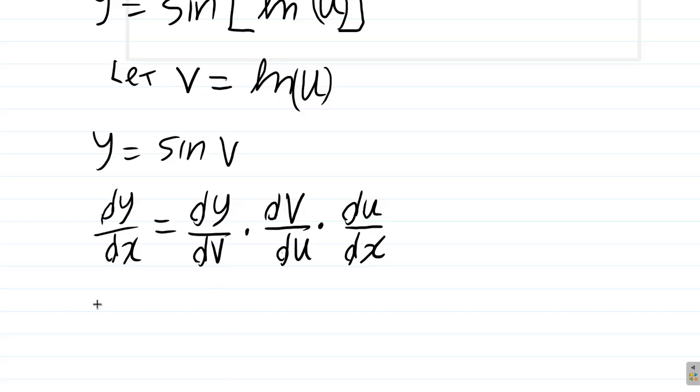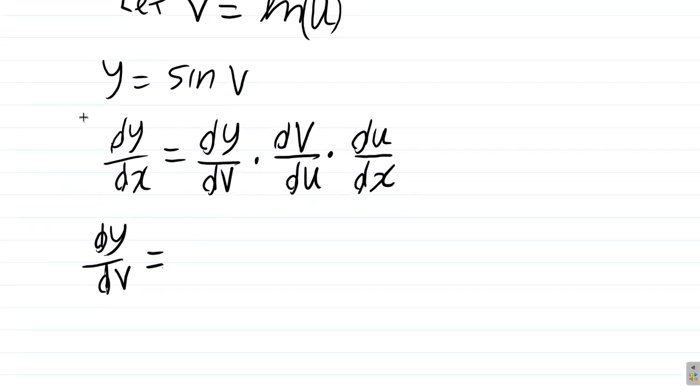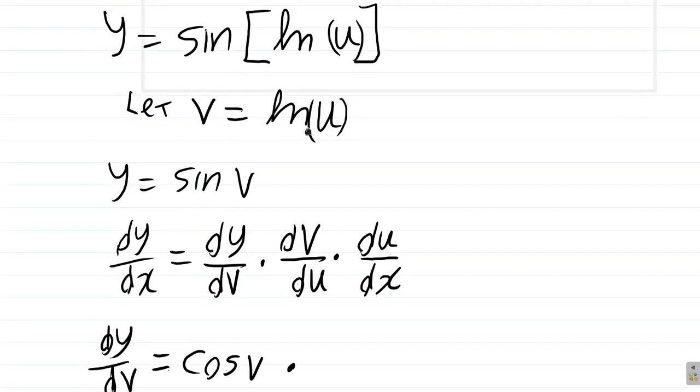So, let us find them separately now. What is dy by dv? Well, y is equal to sine v. And from the table of derivatives, which you should remember some of the values, the derivative of sine is cos. So this is cos v times what is dv by du. We have v is equal to ln u.